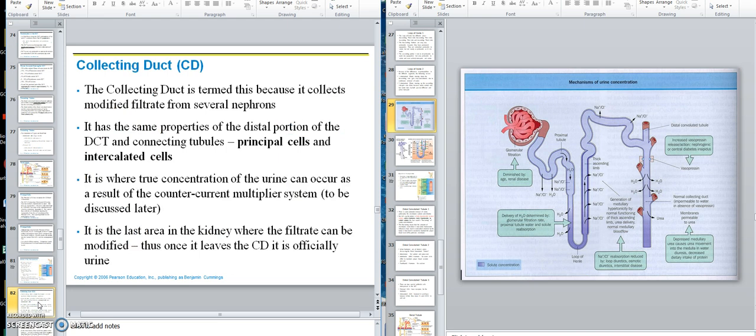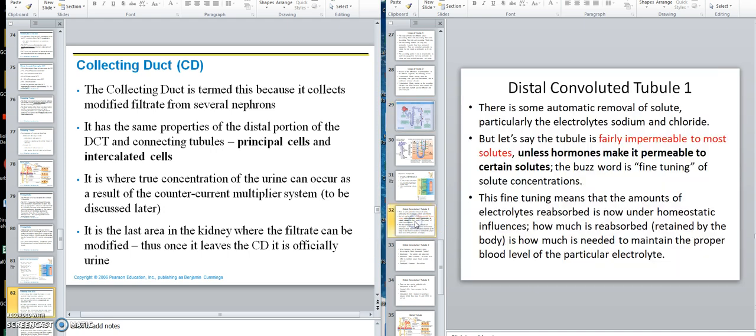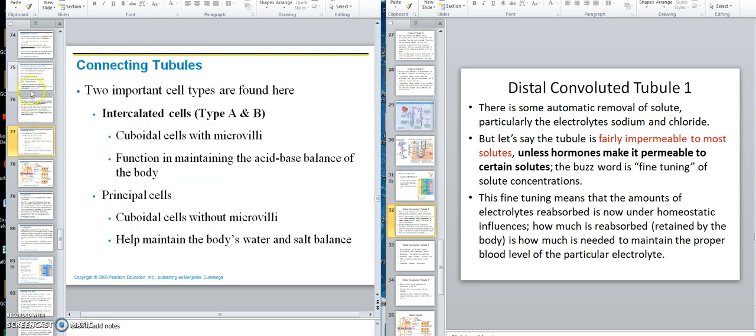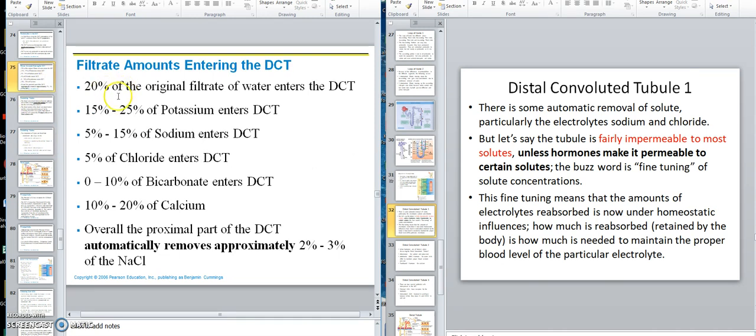Then we get to the collecting duct. I'm going to make another video. So let's see what we have. The distal convoluted tubule comes after the loop of Henle. The distal convoluted tubule has a little bit of automatic removal of sodium and chloride, because what entered there was sodium about 5 to 15% and chloride.